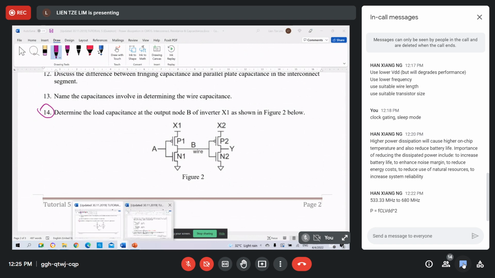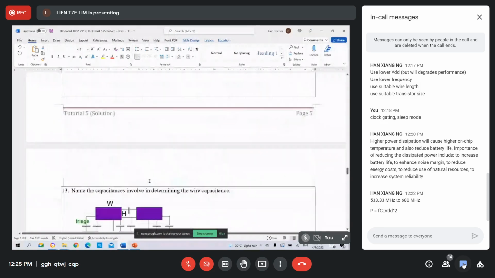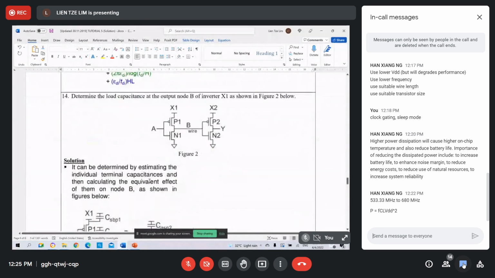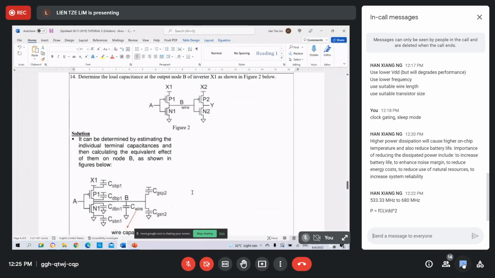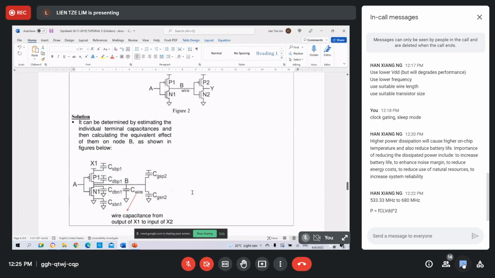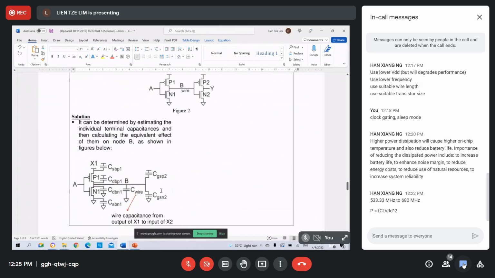Again, I will show my answer here. You also can check. If my answer is not correct, you have to let me know. But this one I think should be the correct one. The solution is this. Using figure 2, we can redraw it with the capacitances, including the drain and source to body capacitance.